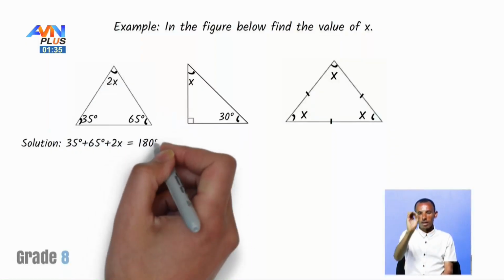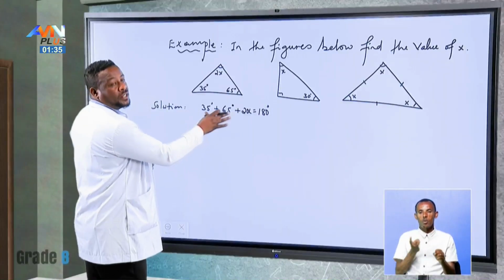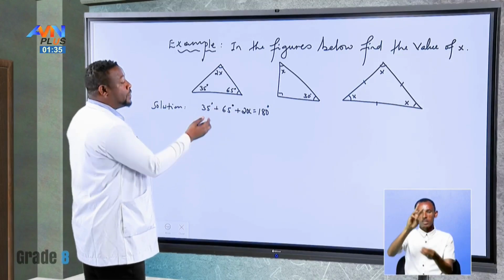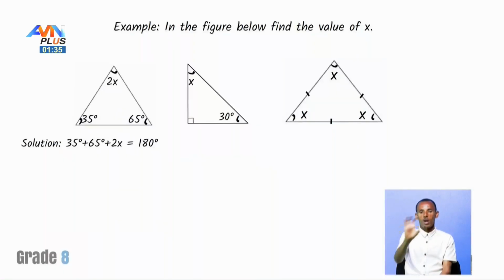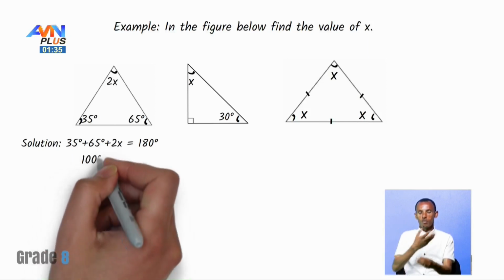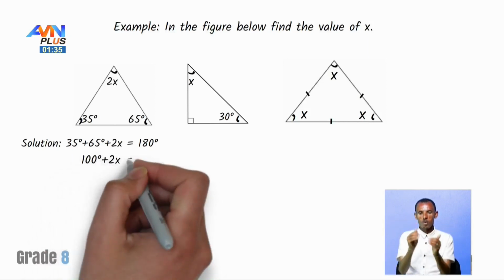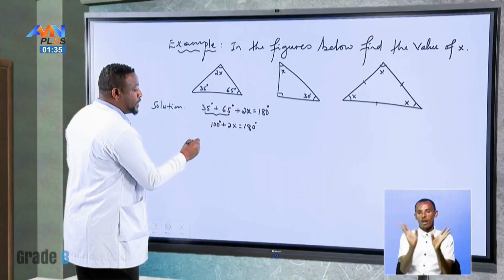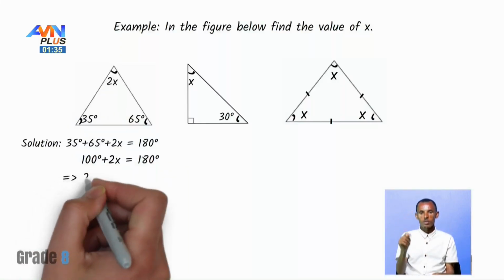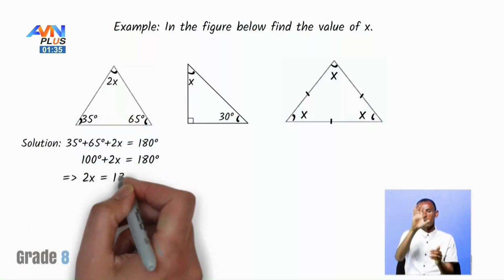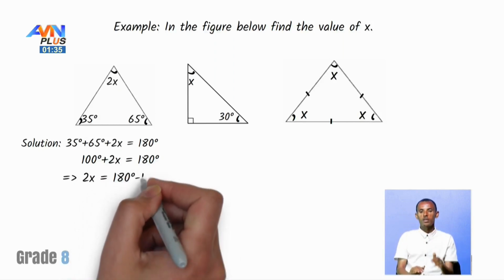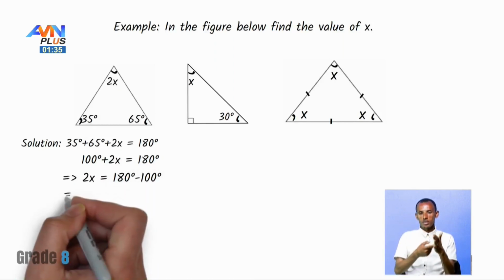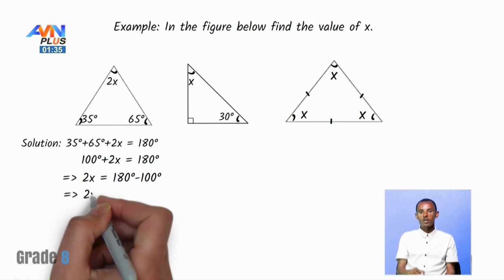So we can now add 35 and 65. The sum of these two is 100. 100 degrees plus 2x is 180 degrees. Collecting like terms, 2x is equal to 180 degrees minus 100. So 2x is 80 degrees.